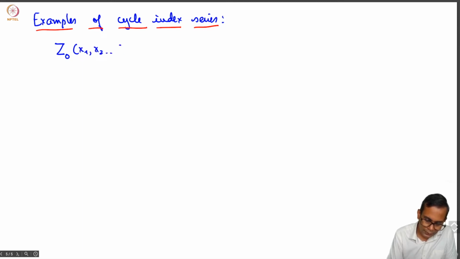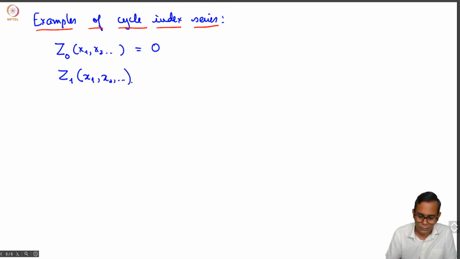Everything is empty, and this is just going to be the function 0. Then the empty set species, which has only one structure on the empty set and none on any other set, is going to have cycle index series 1.